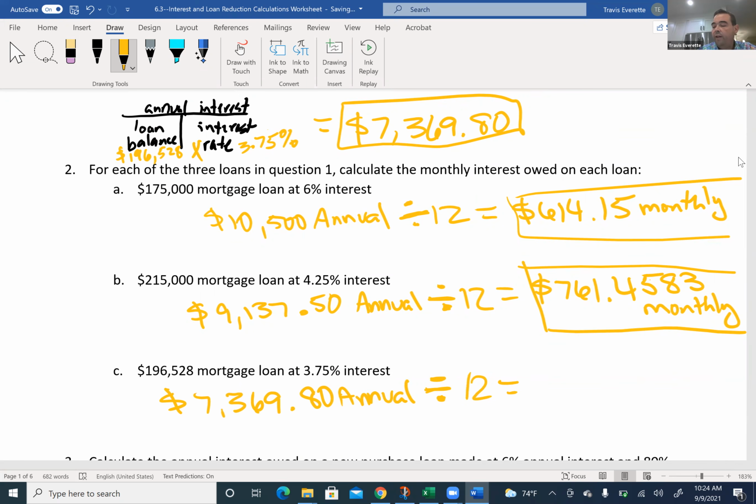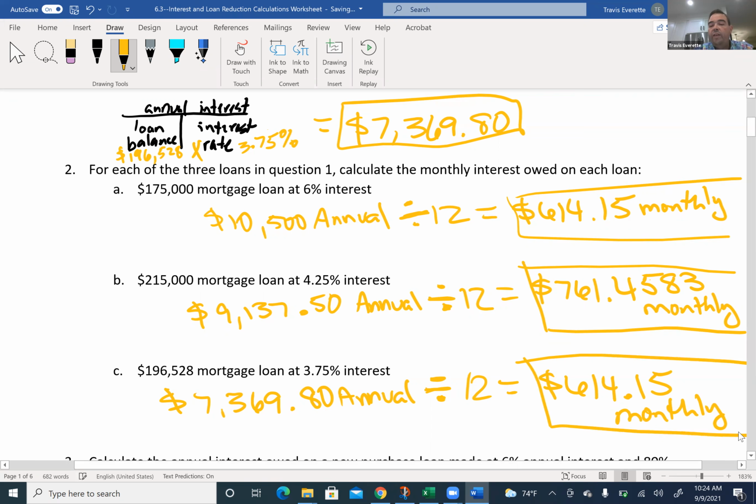Okay, so $7,369.80 divided by 12 equals $614.15 monthly. So pretty straightforward on those.